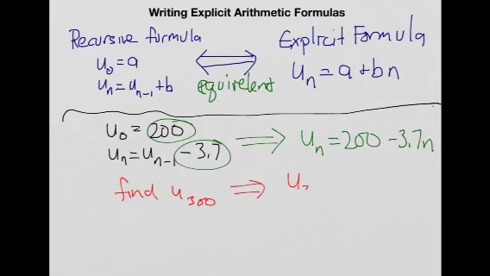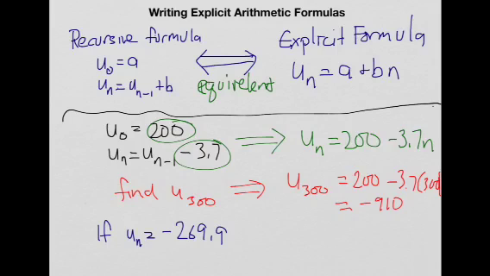If I want u sub 300, I just take 200 minus 3.7 times 300. And that gives me u sub 300 is negative 910, which is a much easier way to find that.